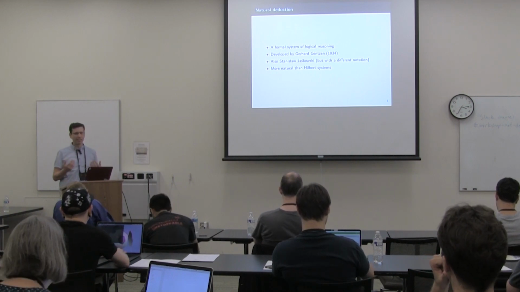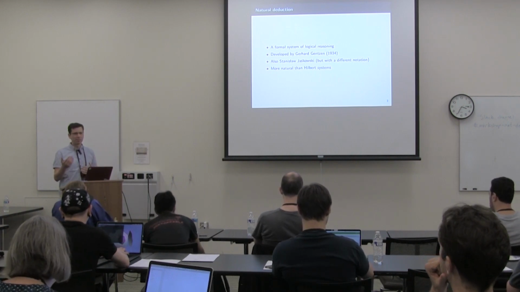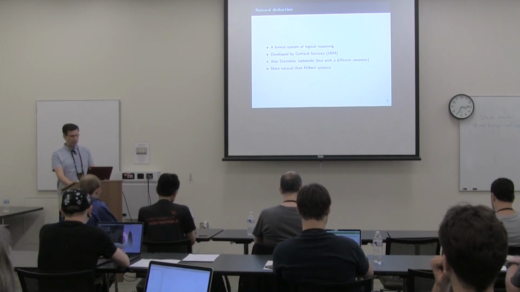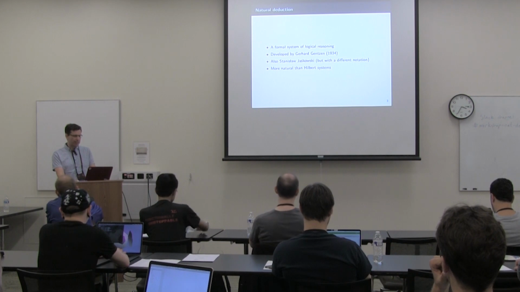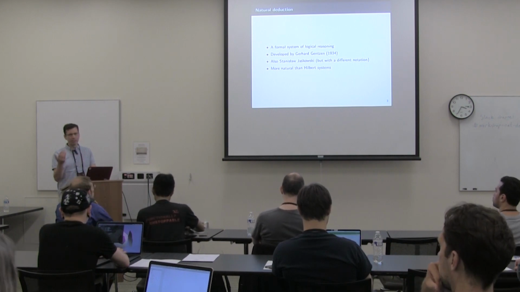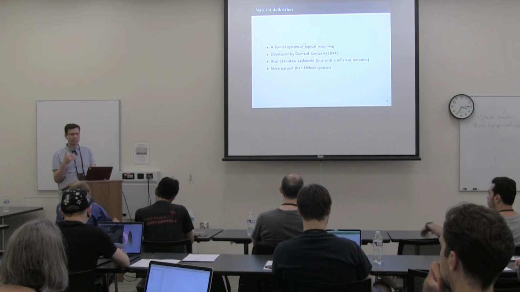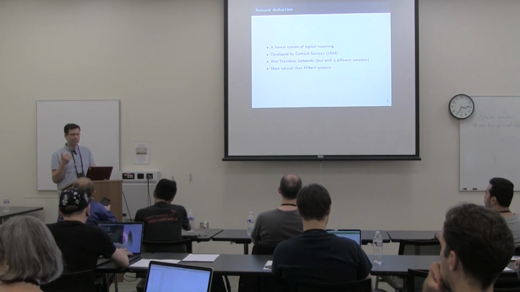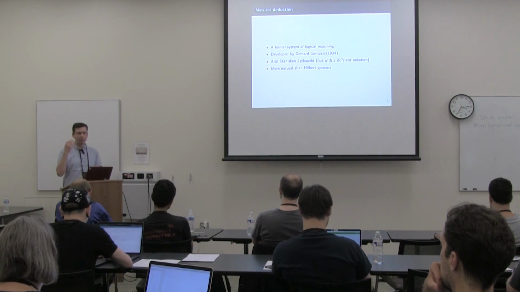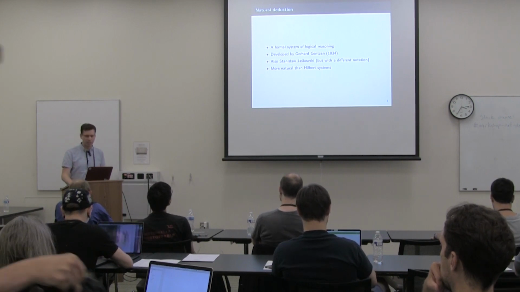It's the same kind of notation that you would see if you read Haskell papers or papers about type theory. So this will help you get a little more comfortable with that notation. It was designed because previously people were using something we now call Hilbert systems, and those were a little bit hard to reason in. It's called natural deduction because it felt to mirror more the processes that we use when we think about proofs.